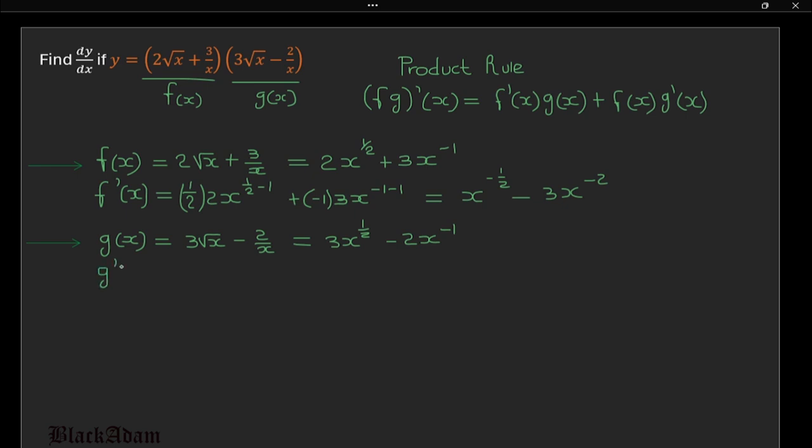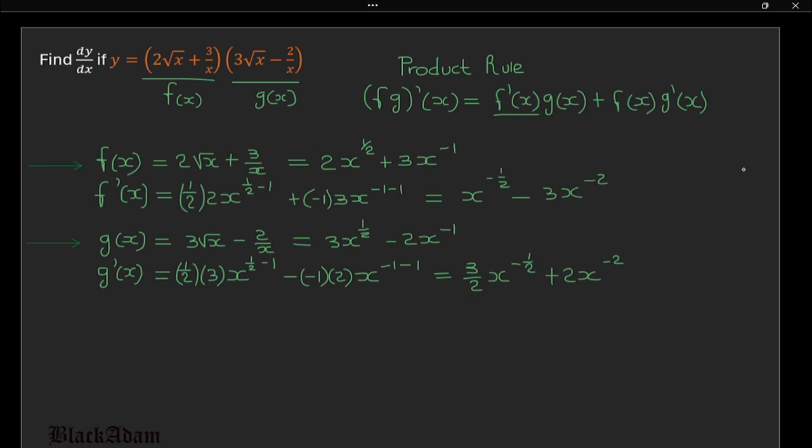And then simplifying that, the derivative will be half multiplied by 3, and then x to the power half minus 1, and that times that is going to be negative 1 multiplied by 2x to the power negative 1 minus 1, and that simplifies to 3 over 2, and then we have negative 1 times negative 2, which is positive 2x to the power negative 2.